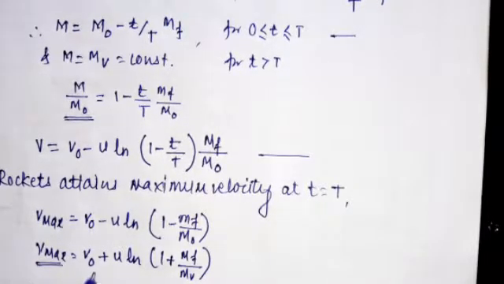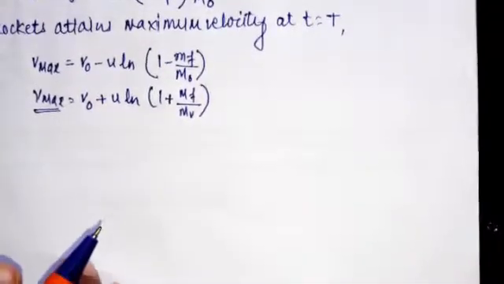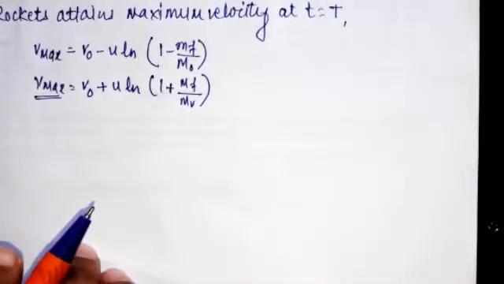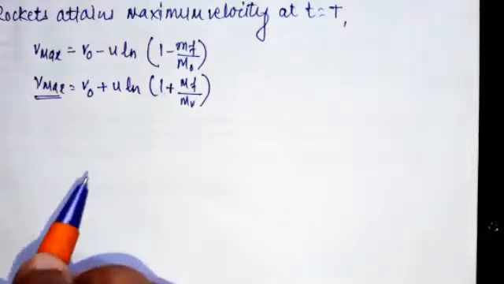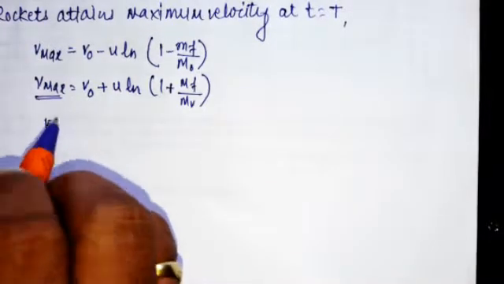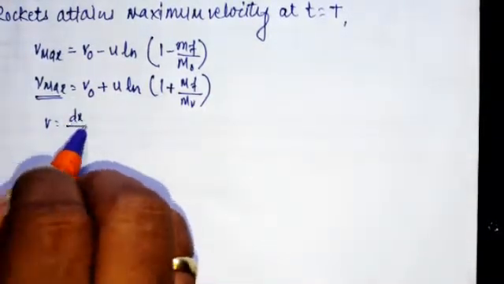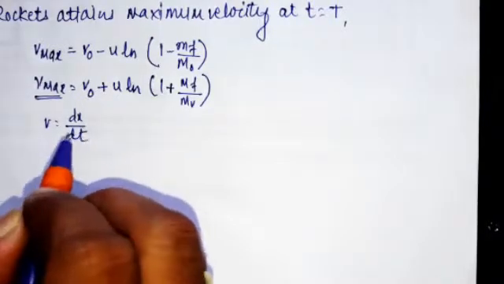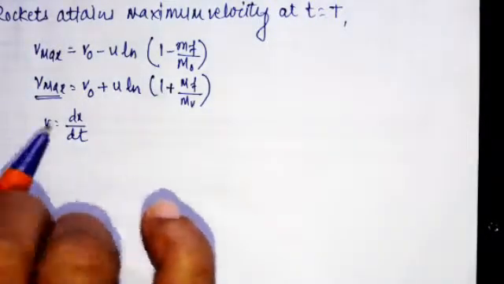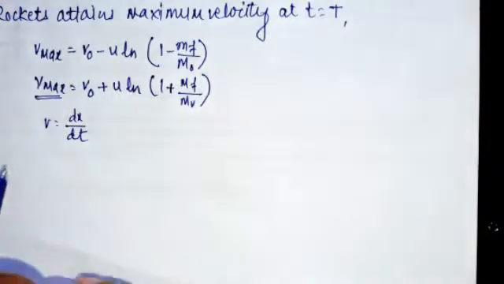So we will find out the position of the rocket at any instant of time t. We write V is equal to dx upon dt in the above equation.